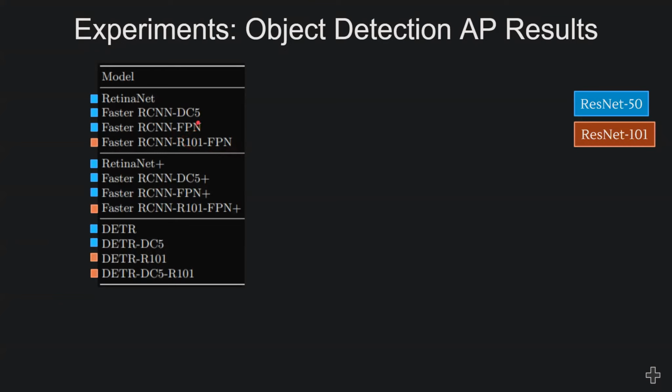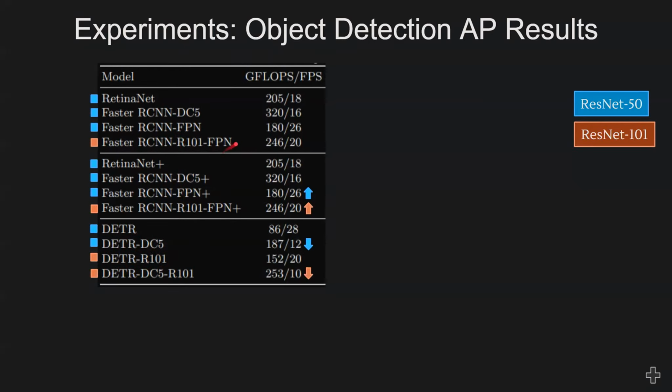Things to note here, though. First, the blue corresponds to a backbone of ResNet 50, and the orange represents ResNet 101. And here we are comparing Faster RCNN versus DETR, the four models that I introduced earlier.